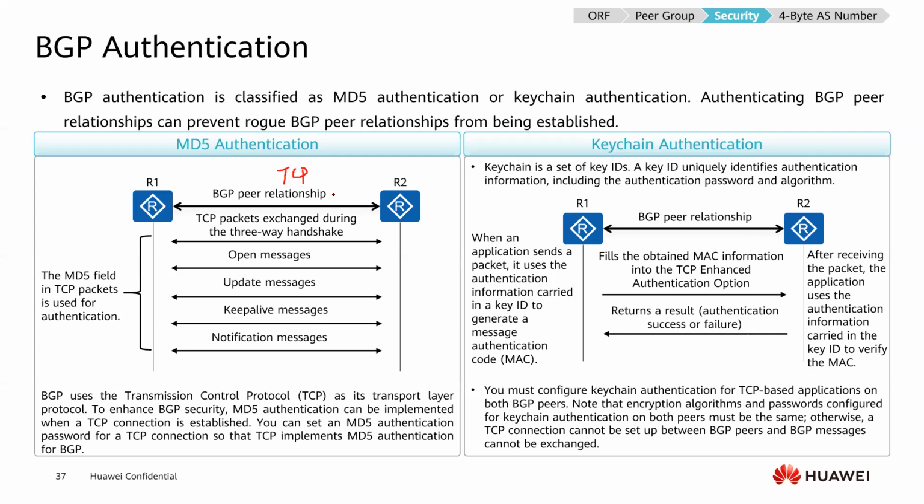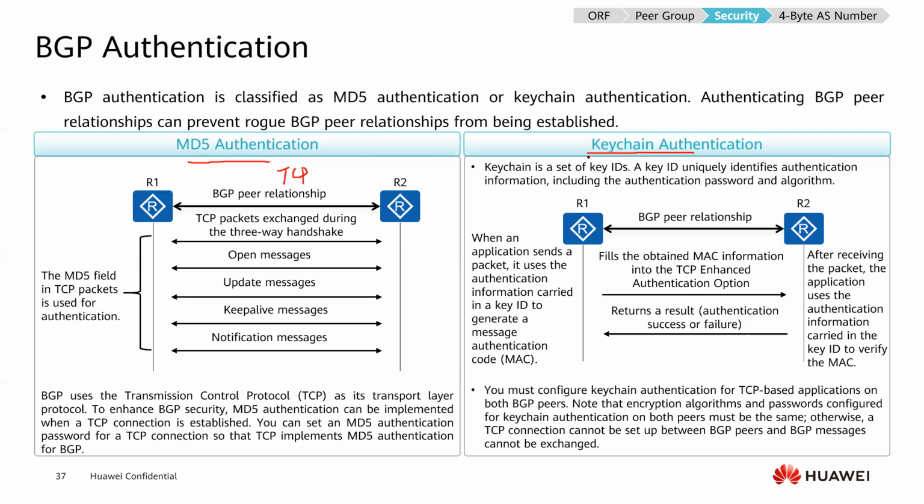So to protect the BGP from attacks, we can use these two authentication methods. One is MD5, another is keychain authentication between the BGP peers to reduce the attacks. For the MD5, it's easy to configure, and it generates a single password which can only be manually changed.